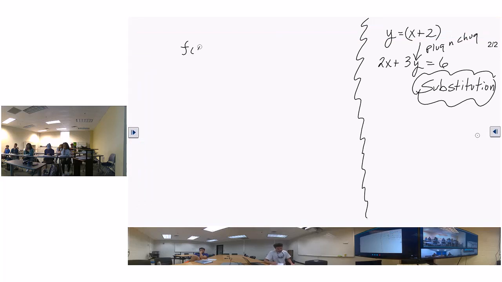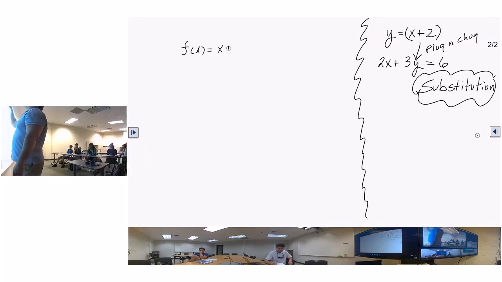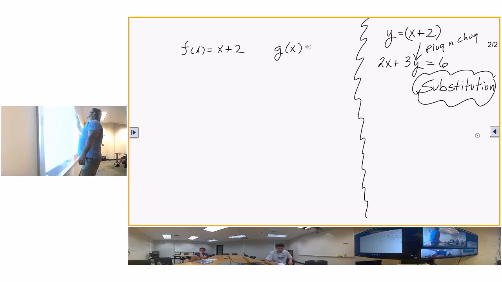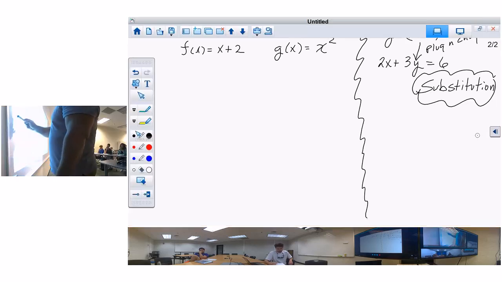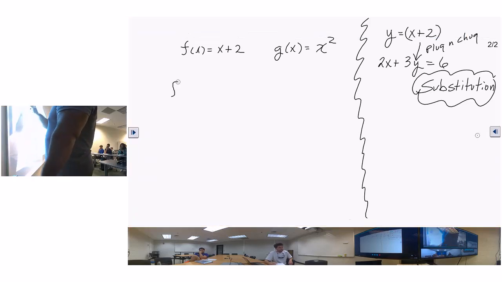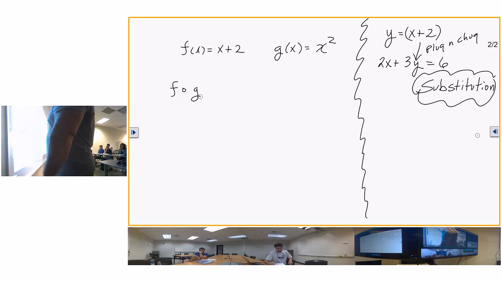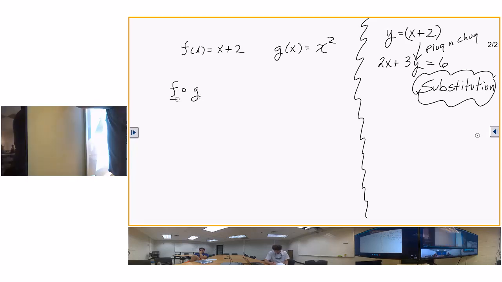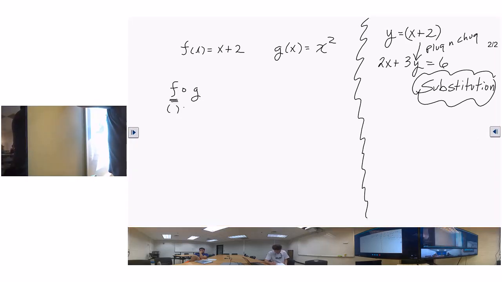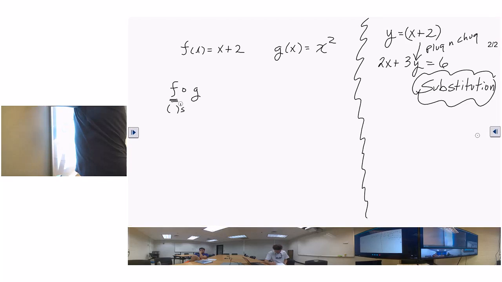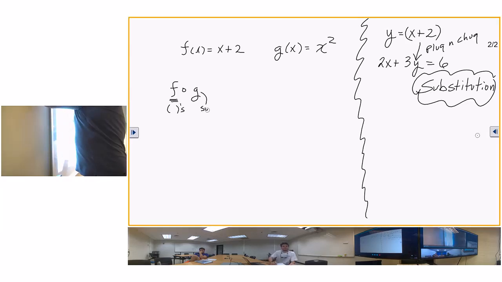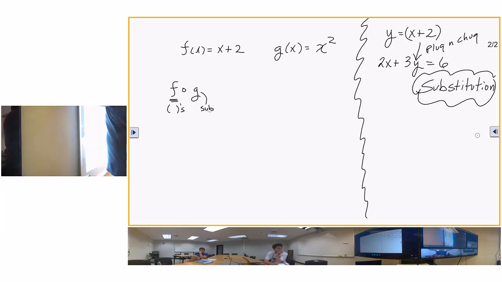f of x is equal to x plus 2, and g of x is equal to x squared. I would like for you to give me f composed of g. The way you attack this is you write f with parentheses, and then substitute g in the parentheses.